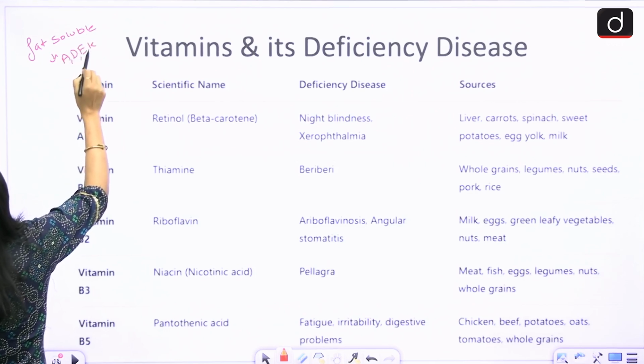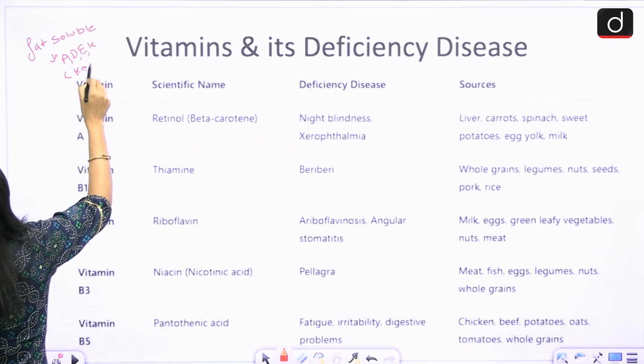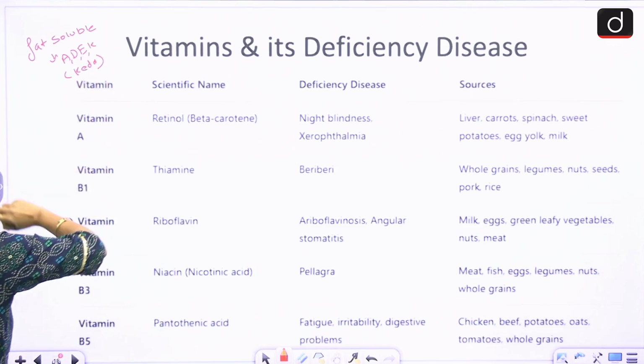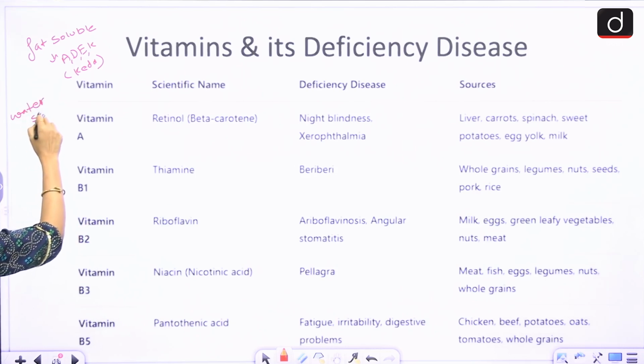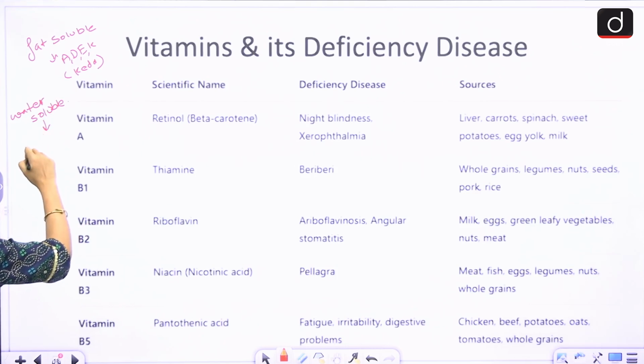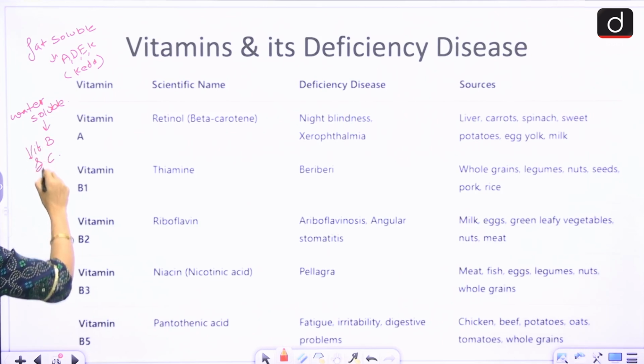You can also remember it as Kida. Again, the water soluble vitamins are what? Vitamin B and vitamin C, right? So vitamin B and vitamin C are the water soluble vitamins. All the family of vitamin B is water soluble, right?